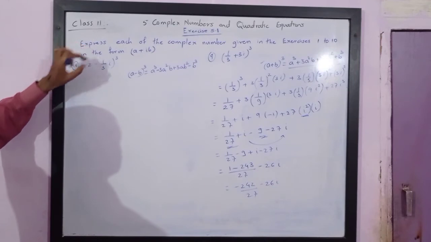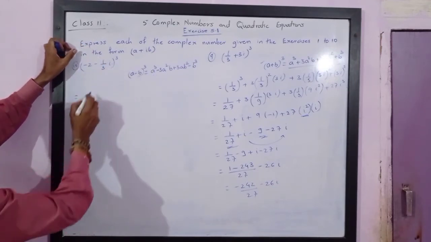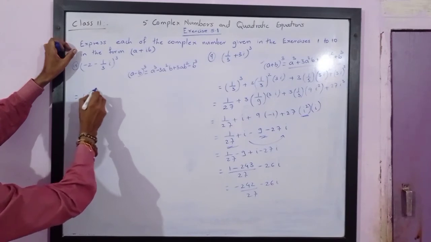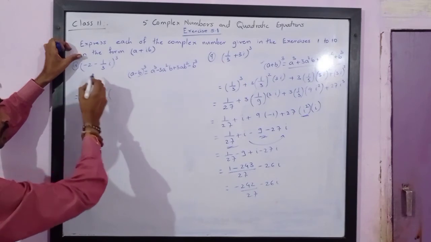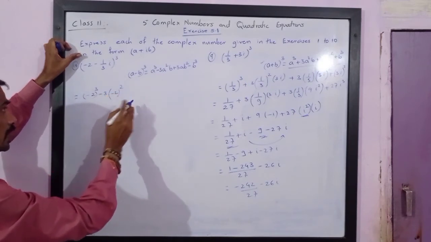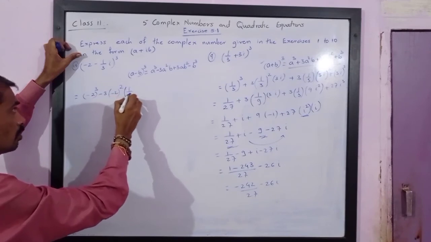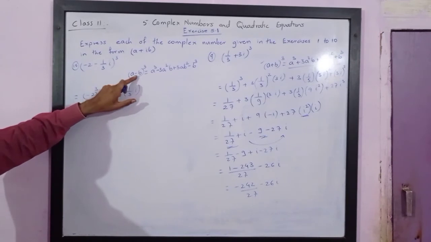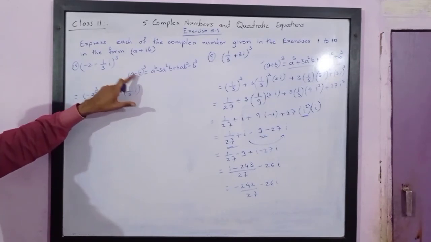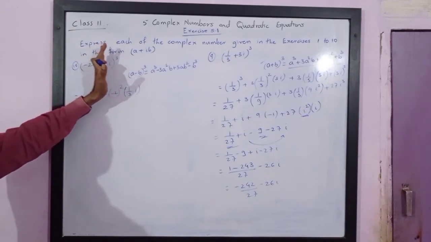We have taken negative sign, so this is equal to first terms bracket cube, that is minus 2 bracket cube, minus 3 multiplied by square of the first, minus 2 square into b. B is 1 upon 3i. Please note I have not taken negative sign here because of the identity I am using. So this negative sign is for the identity and b is only this 1 upon 3i.